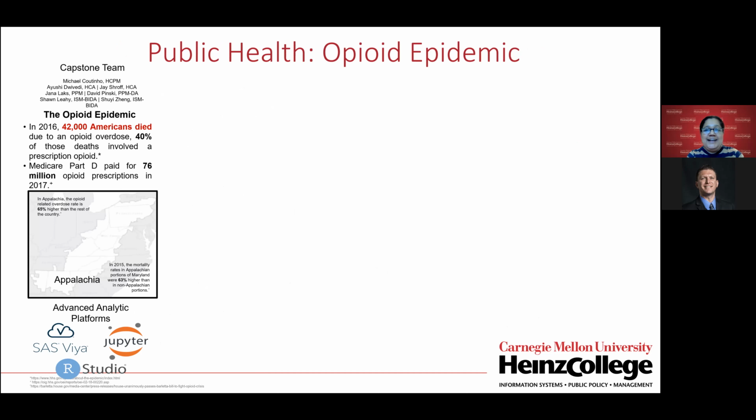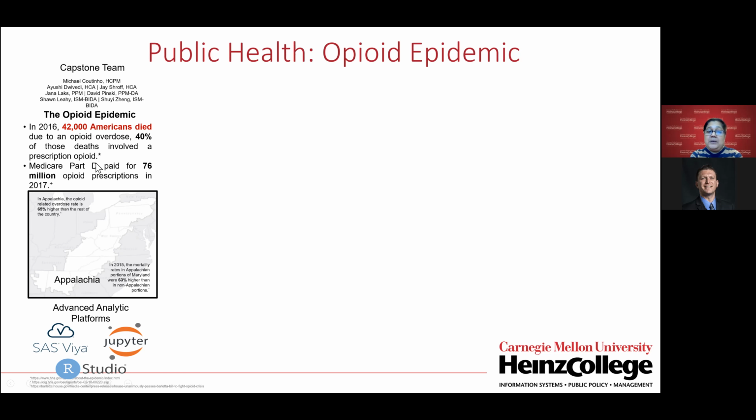Thank you. All right, so the next is public health. We've been living through it during this pandemic. And the opioid epidemic, as many of you may be aware, is a serious problem that we are dealing with. In 2016, for example, 42,000 Americans died due to overdose, and 40% of those deaths involved a prescription opioid.